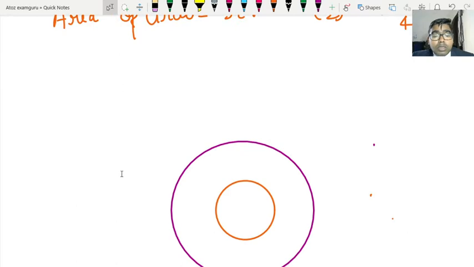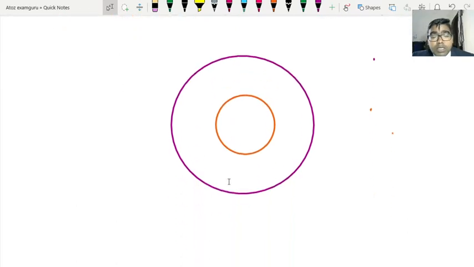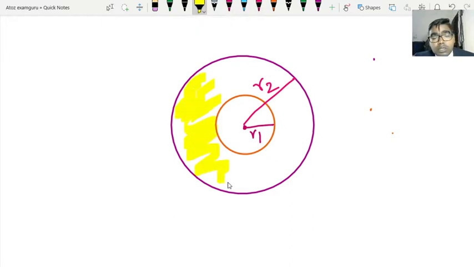Now, friends, come on to the next figure. In this case you will find a very interesting thing. There are two circles, right? Let the inner radius be r1, and the outer one's radius be r2. Let's assume that you have to find the area of this yellowish region.